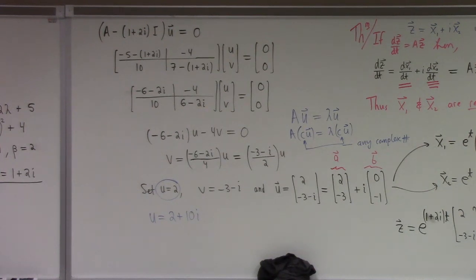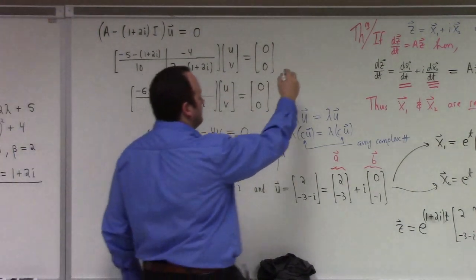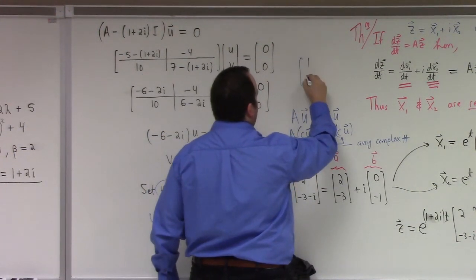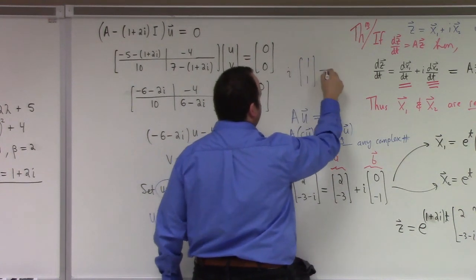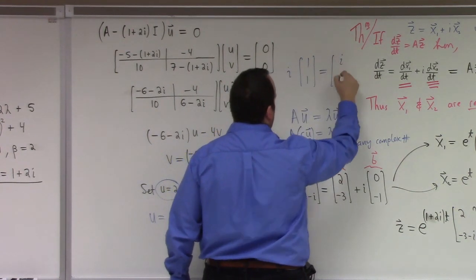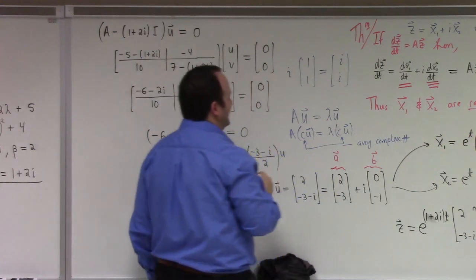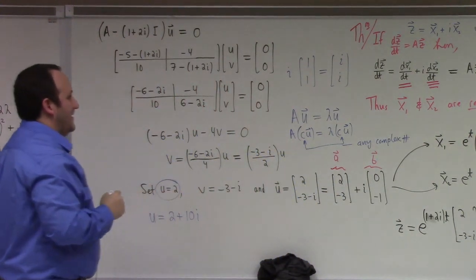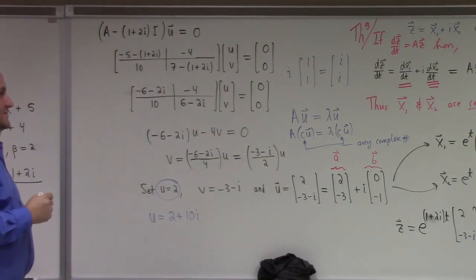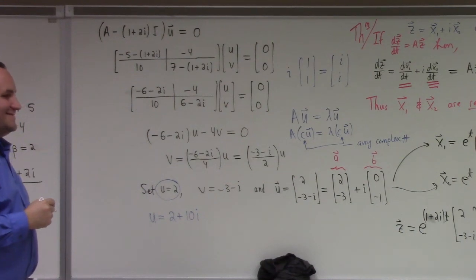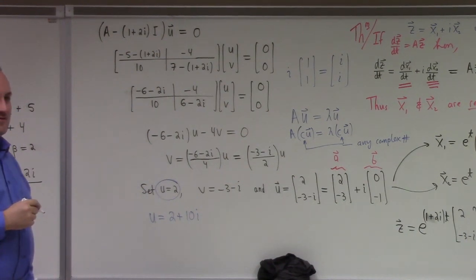Positive, negative. You take a vector and you multiply it by I. What does that do? Just try it out. Here's the vector 1, 1. Multiply by I. What do you get? I, I. And then, visualize that. So you can't visualize that.